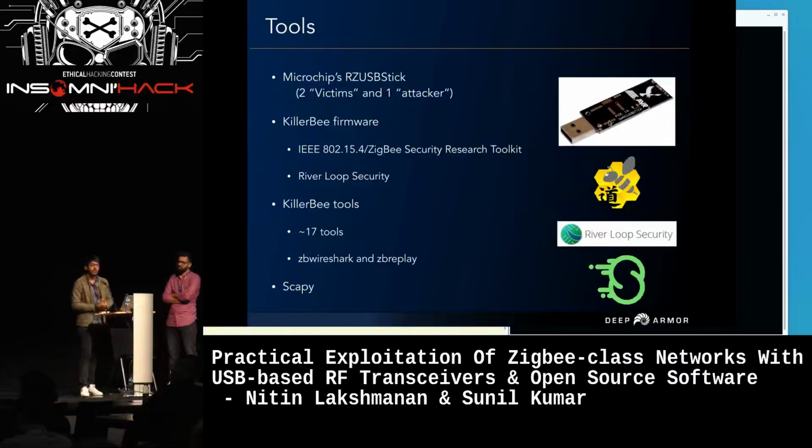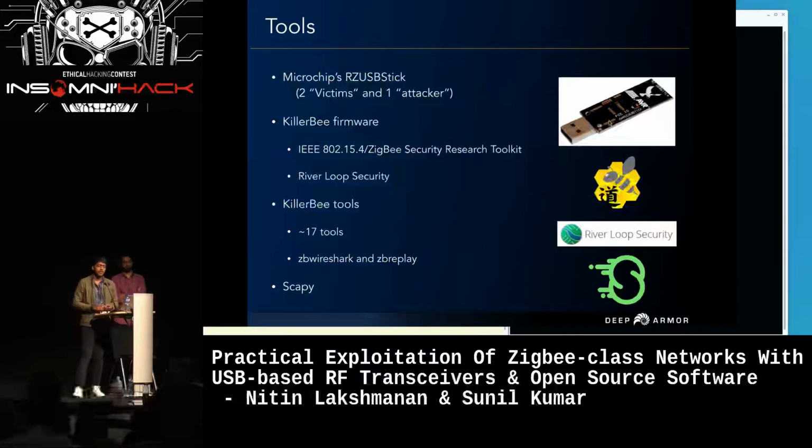For this demo, we are going to use 3 RZ USB sticks developed by Microchip. We will have 2 as victims, that is the gateway and the node, and a single RZ USB stick as an attacker. We use the KillerBee framework, which is developed by Riverloop Security.